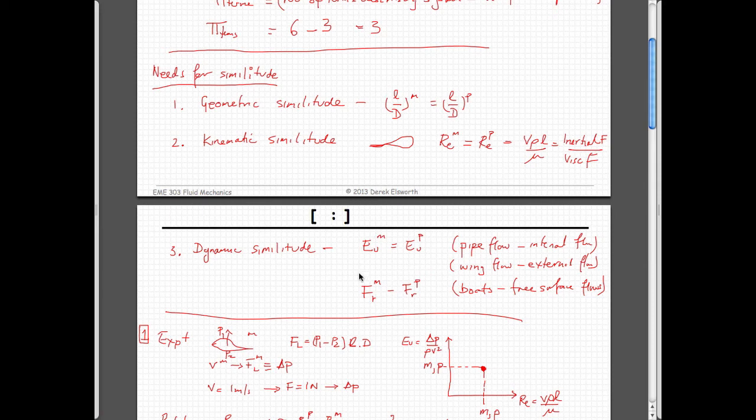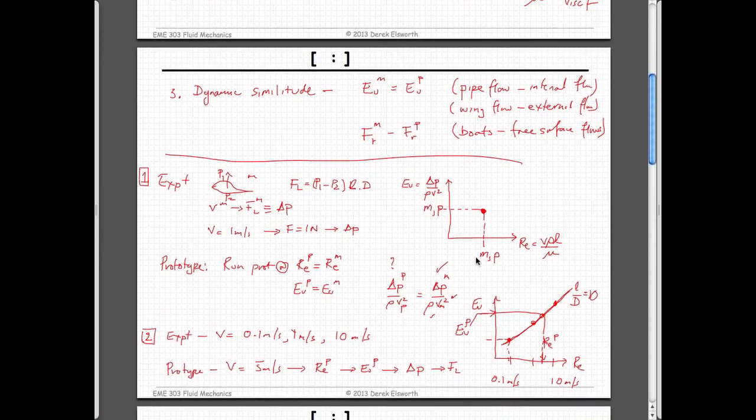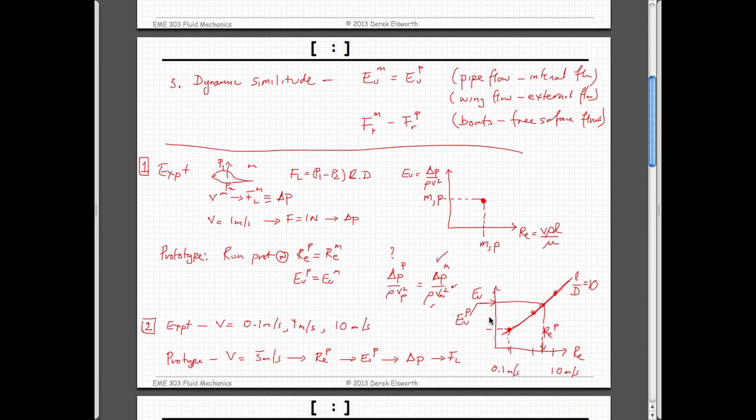If you want to run more than one experiment, then you could run it at multiple Reynolds numbers, and instead of getting a single point, you get a line. And so this is what the experimental space looks like if you have three variables, right? So we have the variables Reynolds number, we have Euler number, and we have a geometric parameter here.